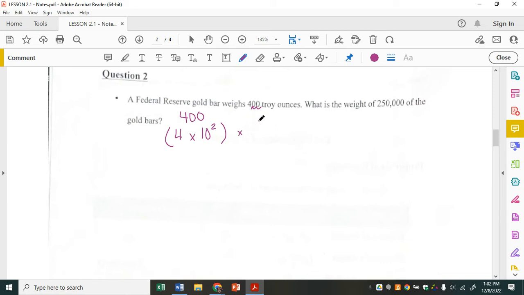I have to multiply that by 250,000. How do I write 250,000 in scientific notation, right? It has to be 2.5 times 10 to the fifth because you got to go over 1, 2, 3, 4, 5 spaces. So 10 to the fifth power.